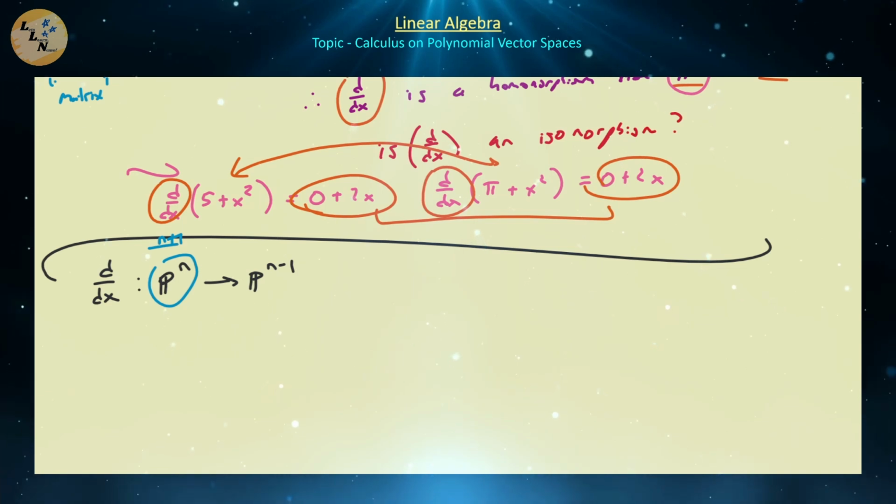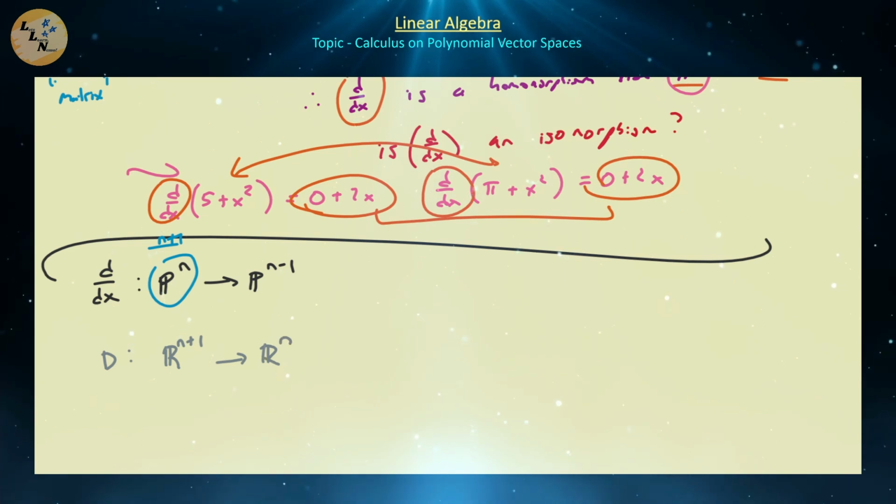So we should be able to at least think about that Pn and the vector space R n plus 1 share a very important connection. In particular, one, they have the same exact dimension. The coefficients of these polynomials are real. The values of these vectors are real. And we can maybe consider a numerical matrix D that maps R n plus 1 to R n.